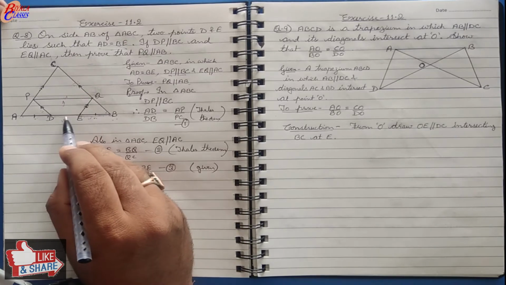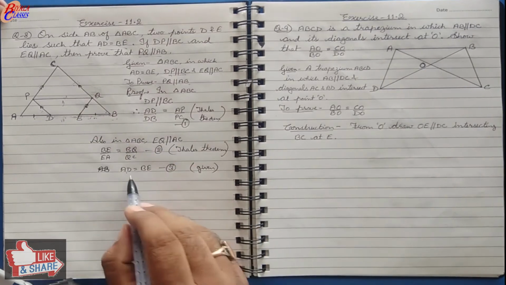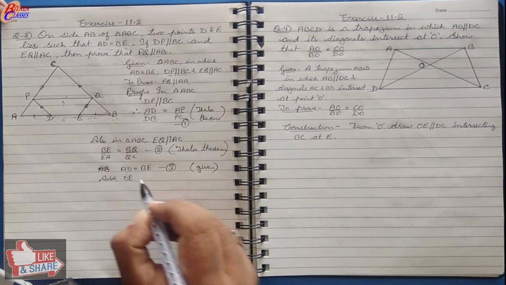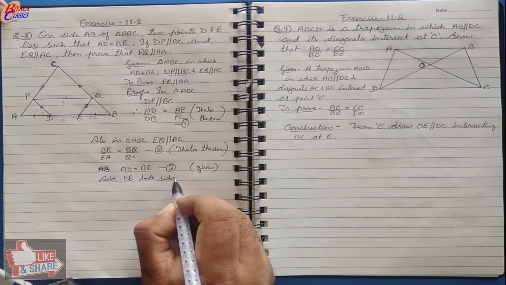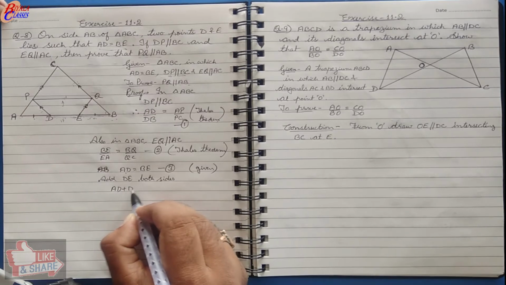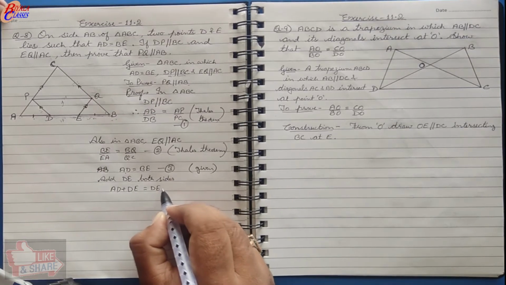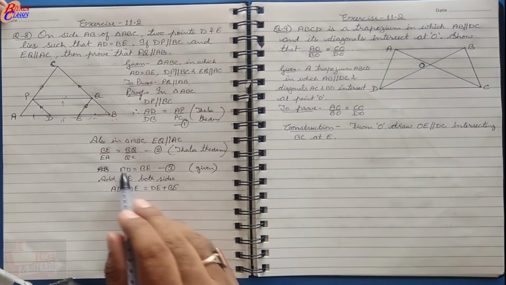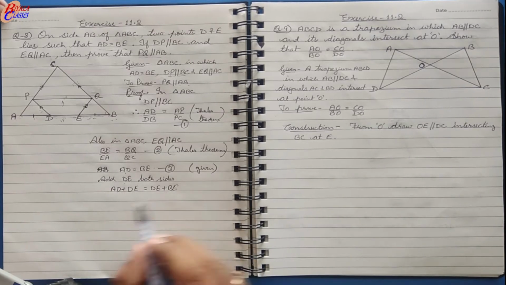Now let us add this third part which is left out, that is DE, to both the sides. Add DE to both sides. Now if you add DE to both sides, what do we get? AD plus DE is equal to DE plus BE. We have added DE to both the sides so that the equation remains equal.